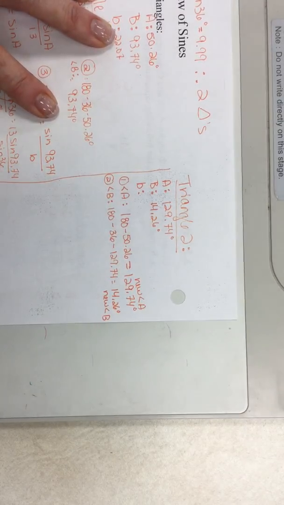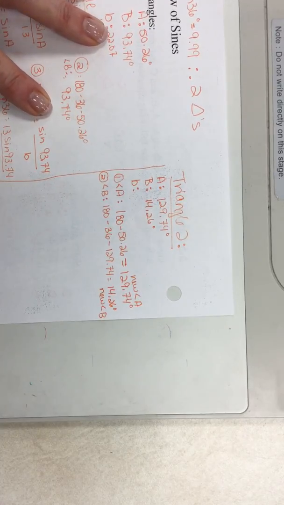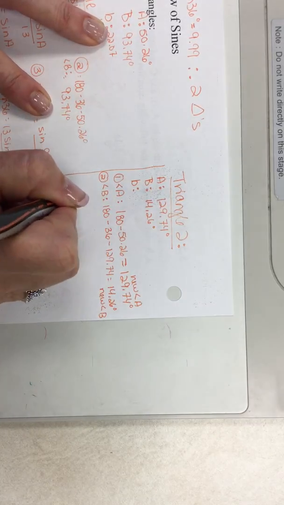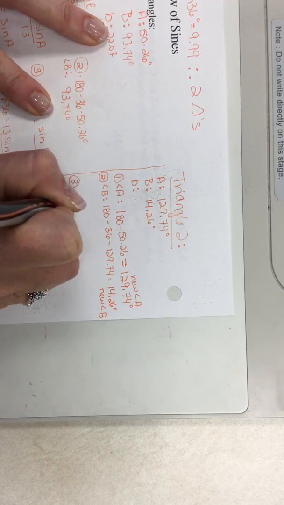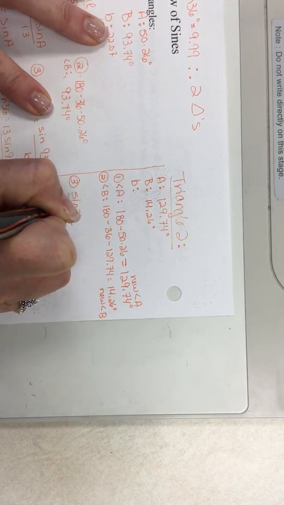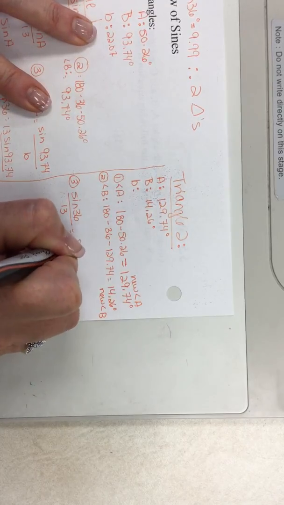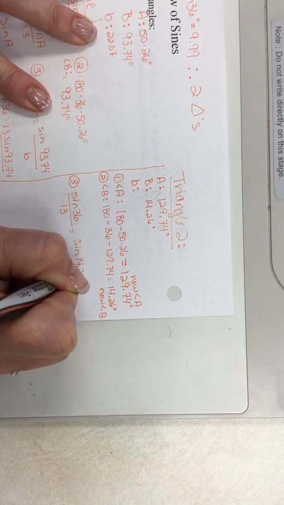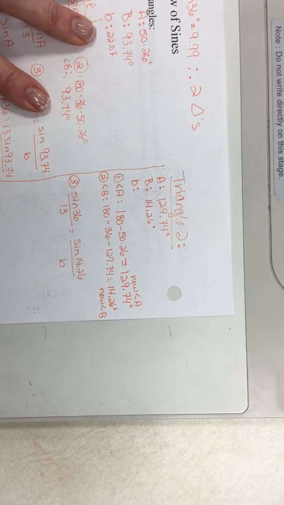And now all I need is side B. And I set this up exactly like what we did before, given our new angle measurements. I will stick with side C and angle C that was originally given. So third step then, I'm going to take the sine of 36 over 13, and I'm looking for B, so I need the new angle B, sine of 14.26 over side B, that I don't know.